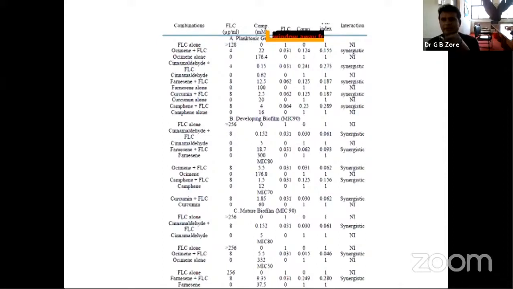We used one organism which is resistant to fluconazole, but when we used fluconazole along with a subtoxic concentration of ocimene, farnesene, and other molecules used in the study, we found that it inhibited fungal growth significantly. Based on that result, we concluded that these terpenes we evaluated in our study exhibit excellent synergistic potential against fungal growth.